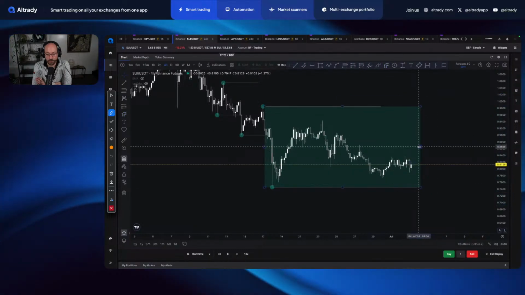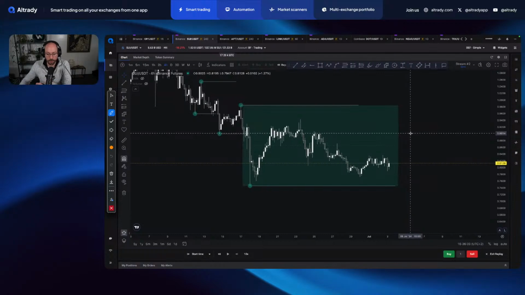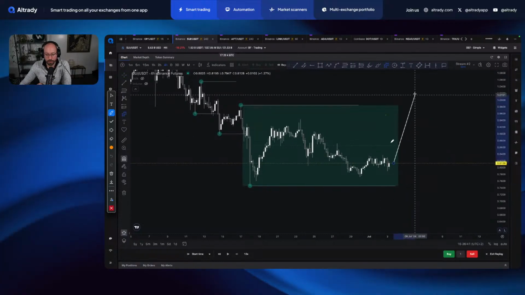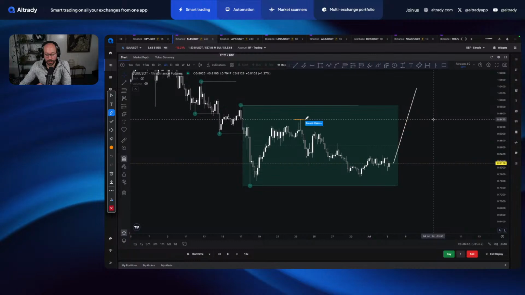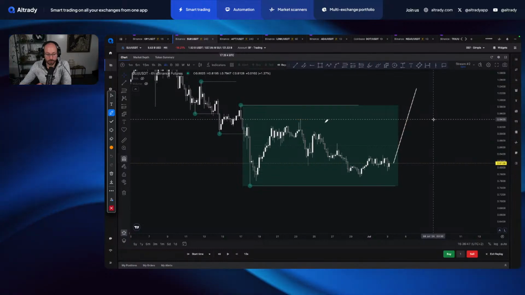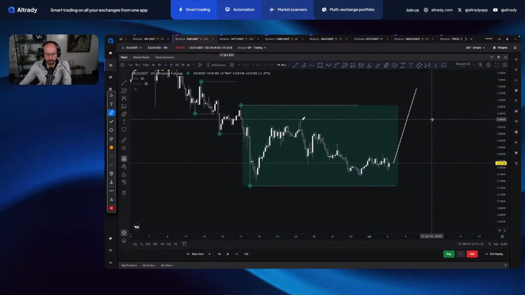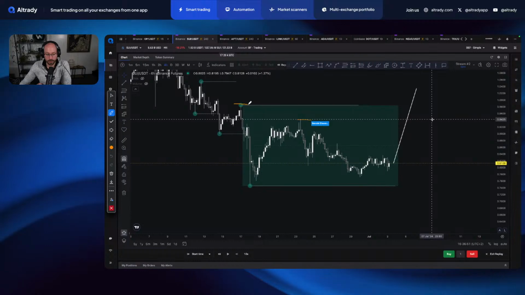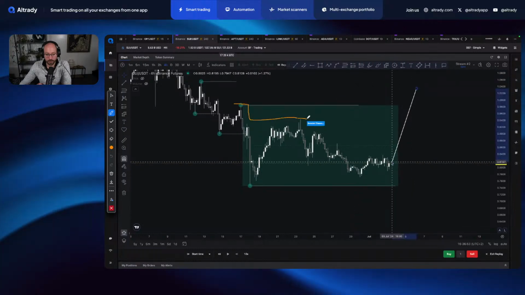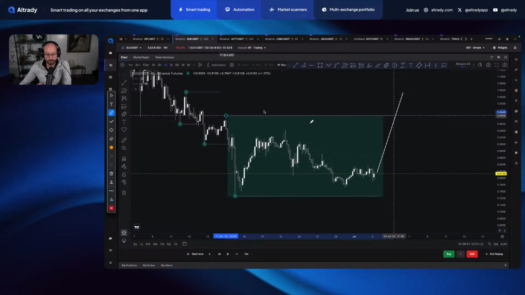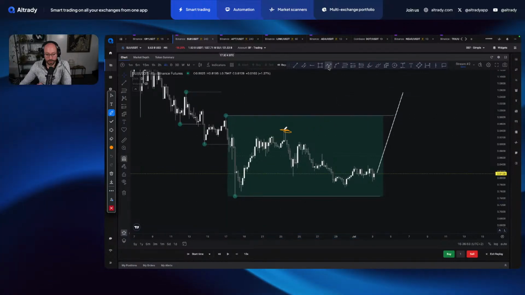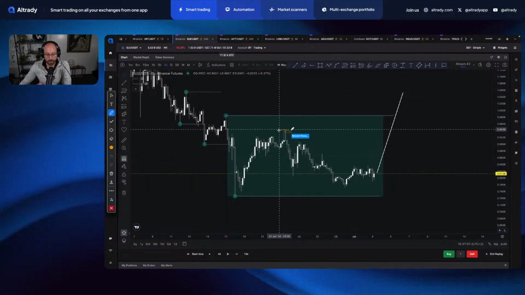Right, and in both situations, if it goes to the top, then this is still a higher high, or no, it's a lower high then, because it's lower than the previous one. If price goes there, breaking this point, then this is not valid. Yeah, this is not valid at all.